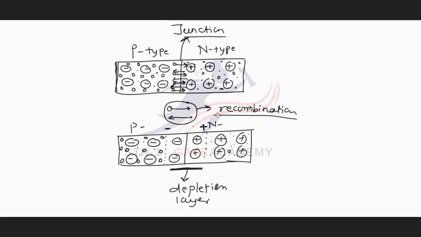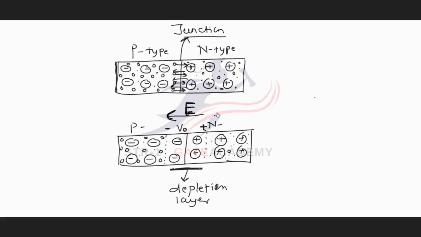So there will be a potential difference between either side of the depletion layer, and this potential difference is represented by V naught. Due to this potential difference, an electric field is induced across the depletion layer, which is directed from positive to negative, meaning from the n side to the p side.